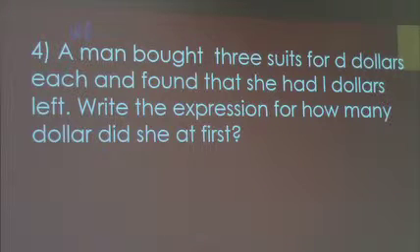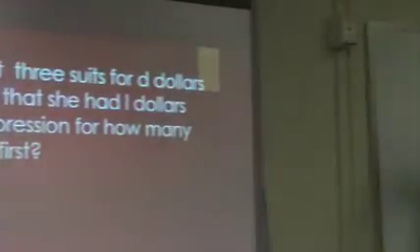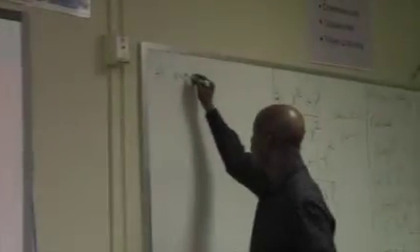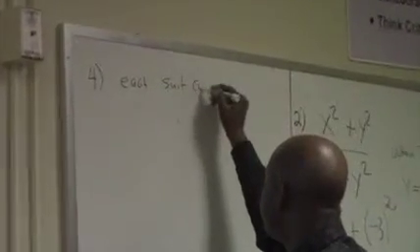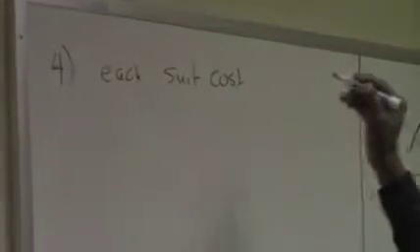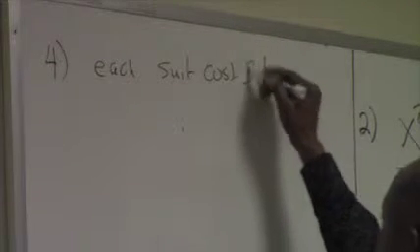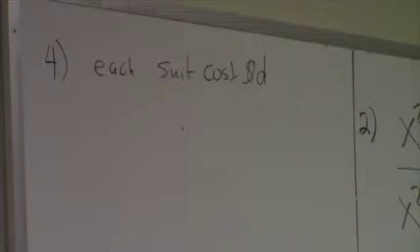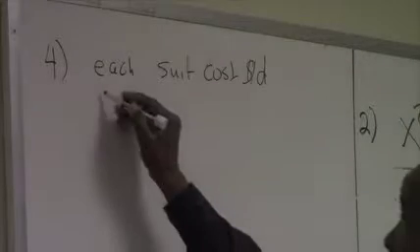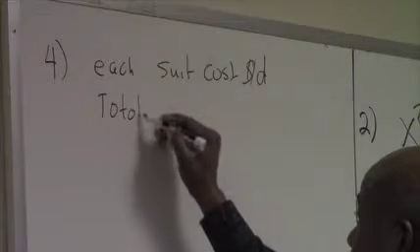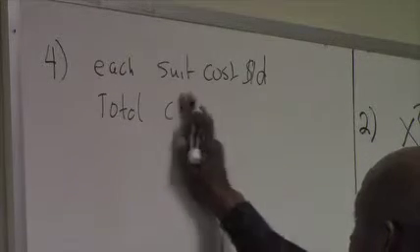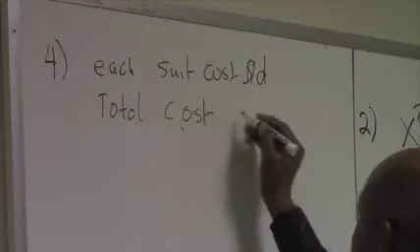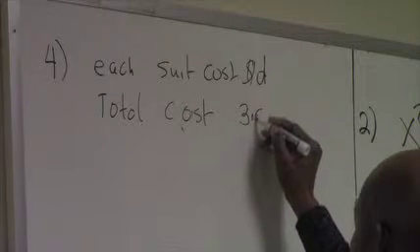So let's see, number 4. Each suit costs D dollars. How many suits were bought? 3 suits. So the total cost for the suits will be 3 times the cost for each.